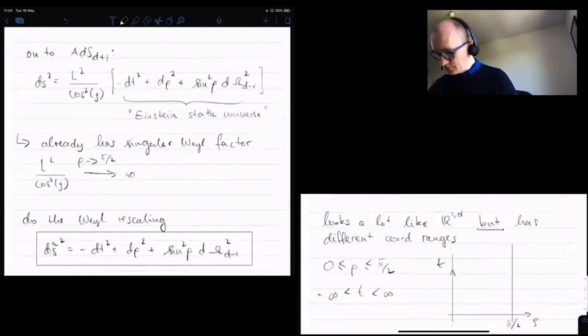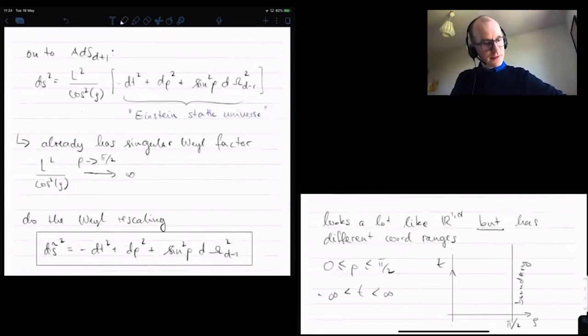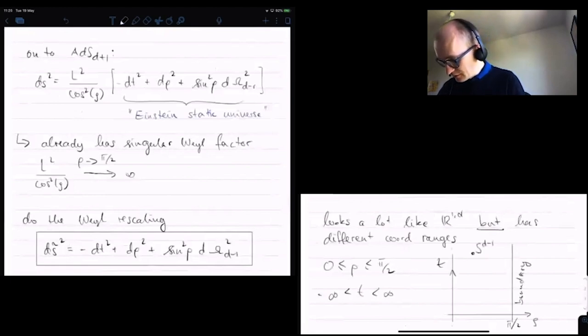And this is what everybody calls the boundary. Each point on this manifold has an S^{d-1}. This is just this sphere here.